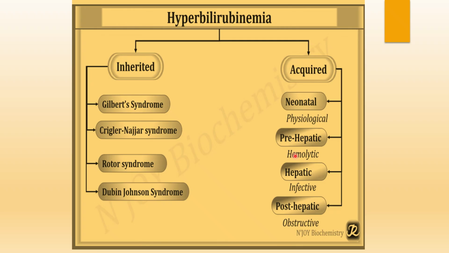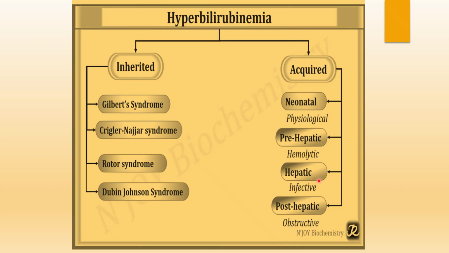This condition is characterized by an increased level of unconjugated bilirubin in the blood, an absence of bilirubinuria, and excessive excretion of urobilinogen in the urine. So this is pre-hepatic hyperbilirubinemia or jaundice.